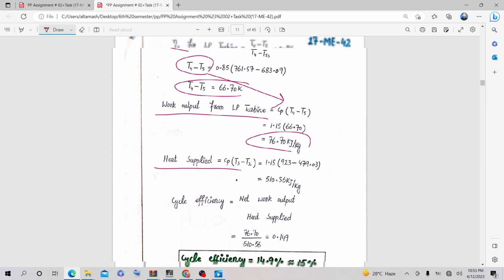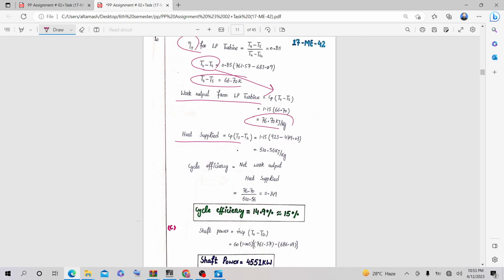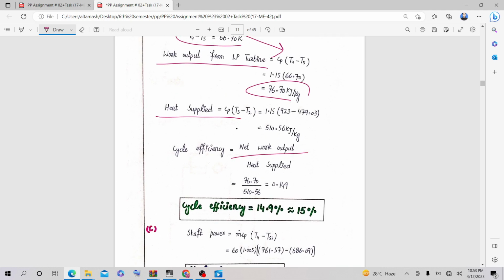Now it comes to the cycle efficiency. Cycle efficiency is equal to net work output divided by heat supplied, which is equal to 0.149. Cycle efficiency is equal to 15%. Heat supplied is this one, and net work output is actually the work output from the low pressure turbine.